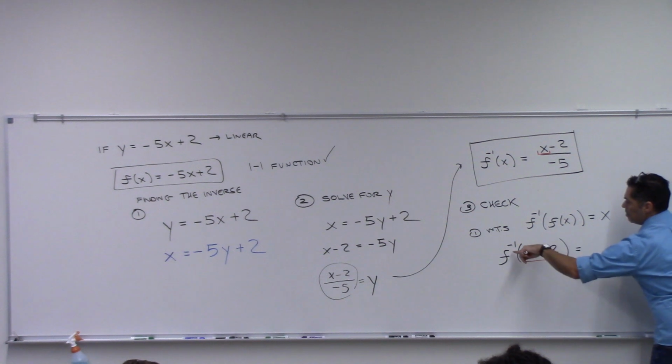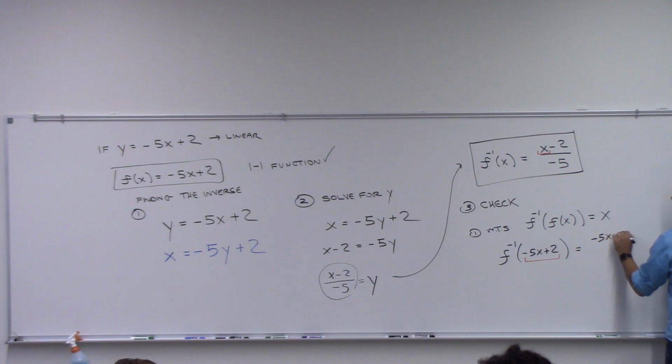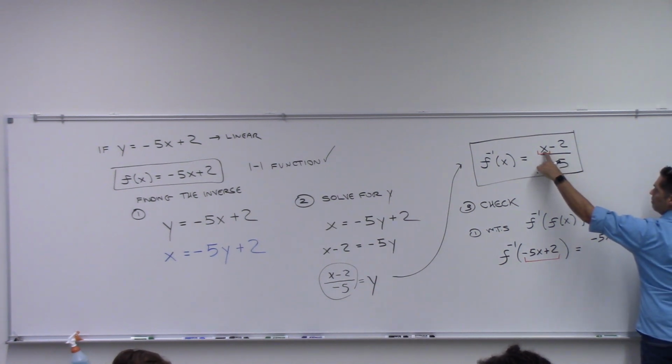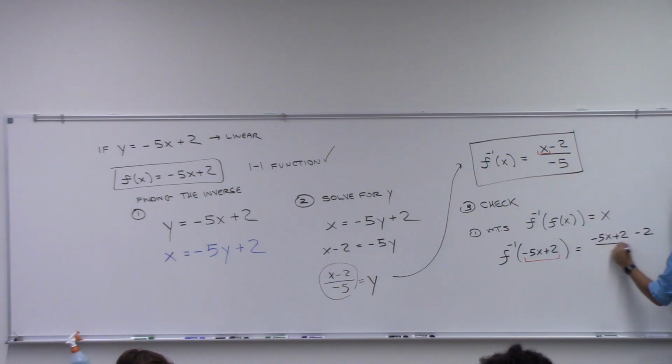So we get negative 5x plus 2, right? And then minus 2, and then over negative 5. And these 2's cancel, and you get negative 5x over negative 5, and that's x. And that's what we were hoping to see, right?